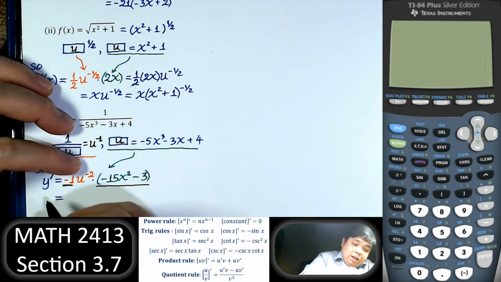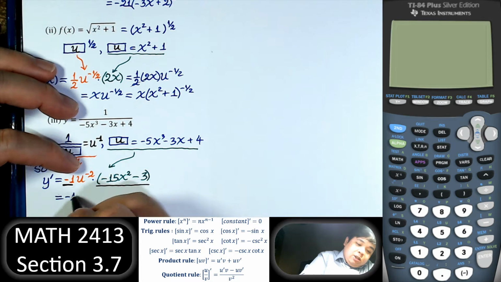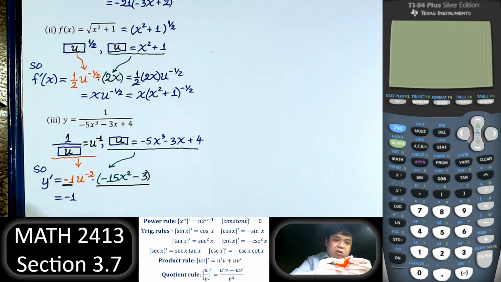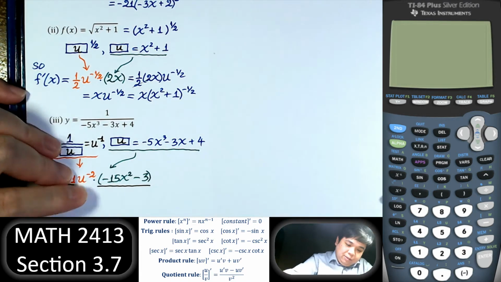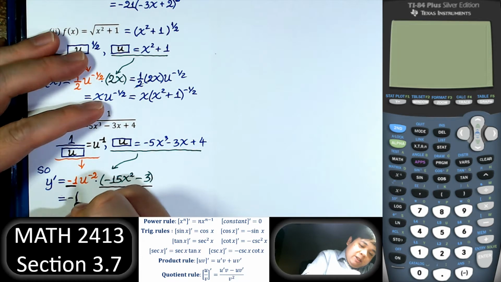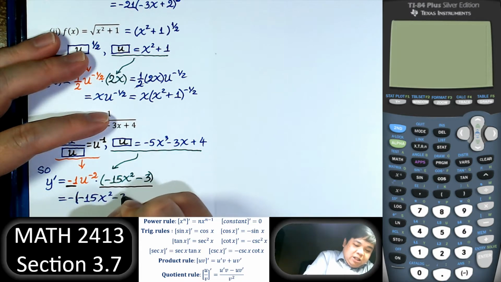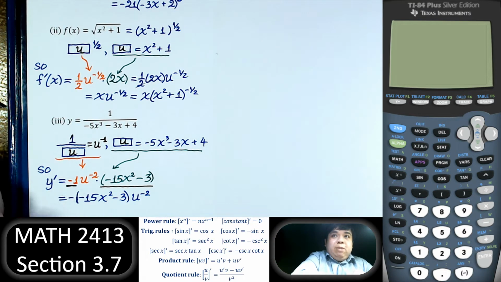Yes, but like I said, we usually don't simplify anything. So we have negative 1 or just a negative sign. The 1 looks silly. Move that in front. Usually we don't have to, but in this case, usually if we just substitute back into u, that is the derivative, and we're done.